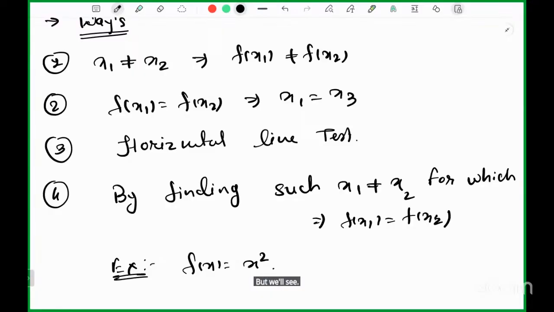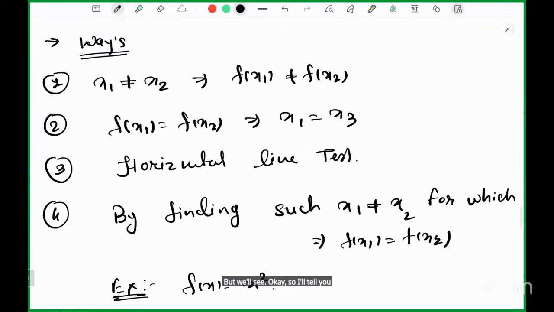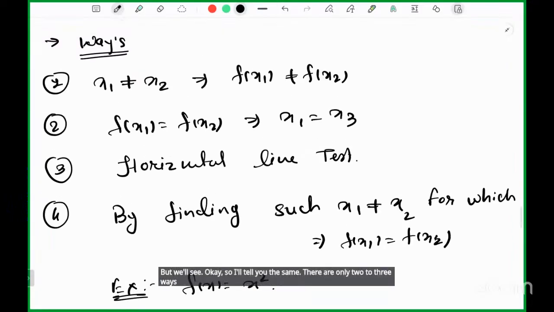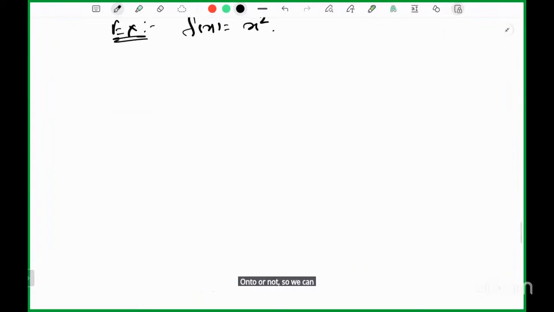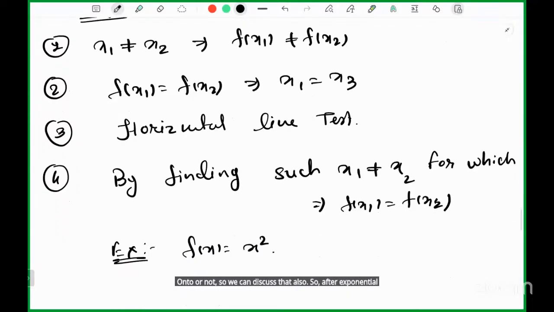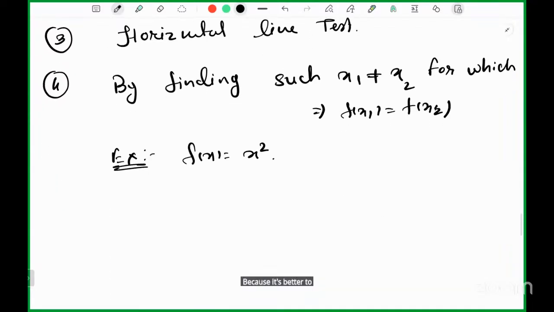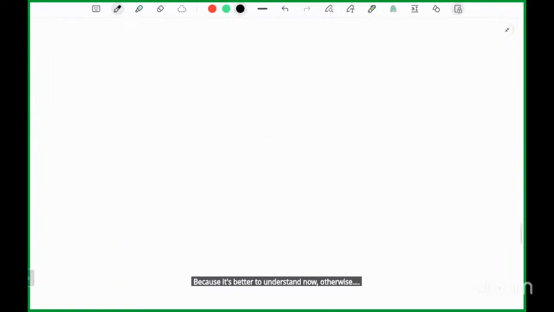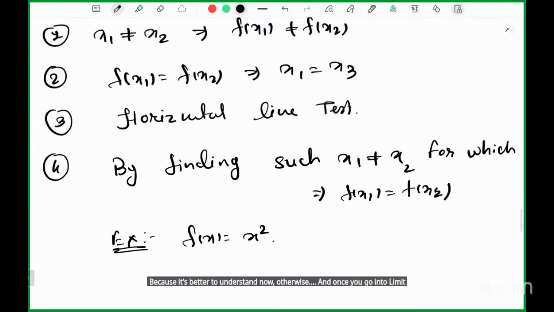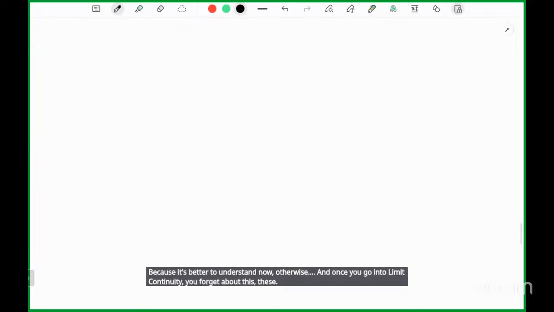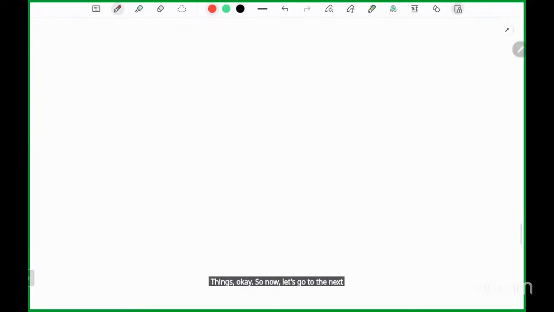There are only 2 to 3 ways by which you can figure out whether a function is onto or not, so we can discuss that also. After exponential and composition functions, I'll go to onto functions because it's better to understand now. Otherwise, once you go into limits and continuity, you forget about these things. Okay, so now let's go to the next topic, which is our exponential function.